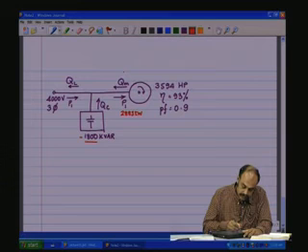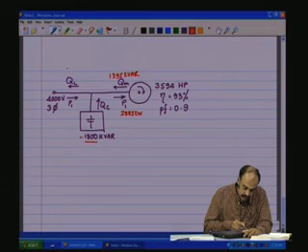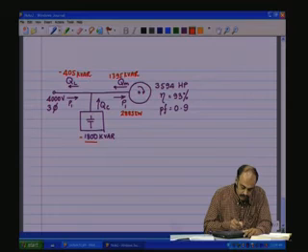This is having a reactive component of 1395 kVAR, and QL is this minus this, which is 405, capacitive, and therefore minus kVAR.